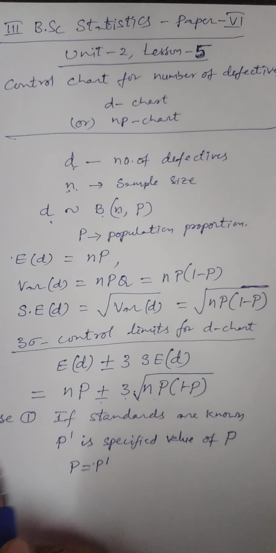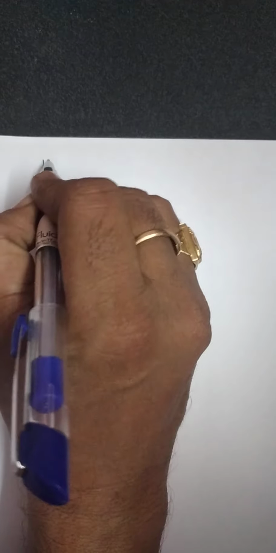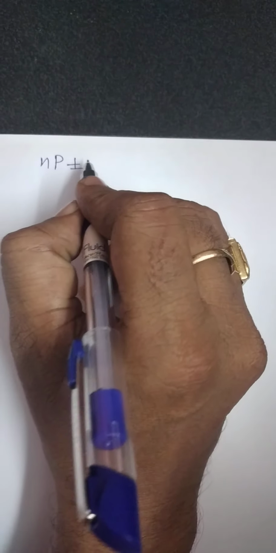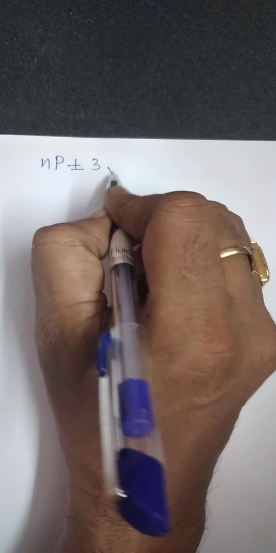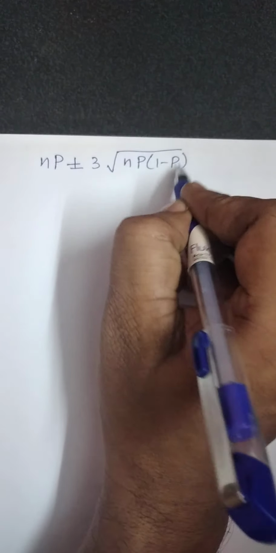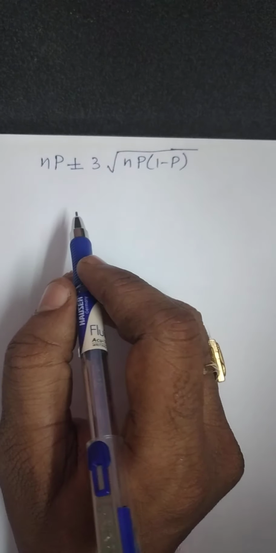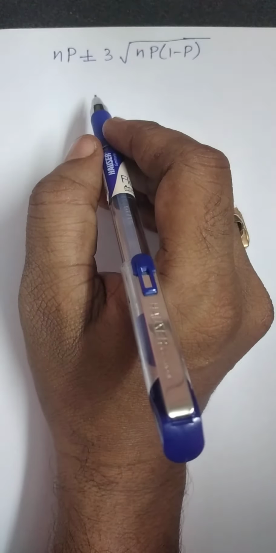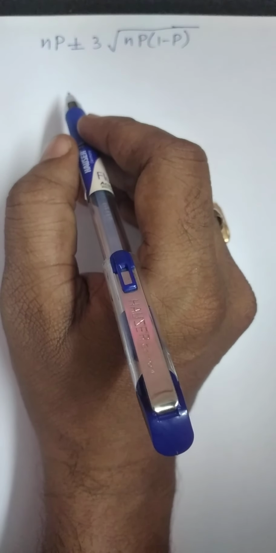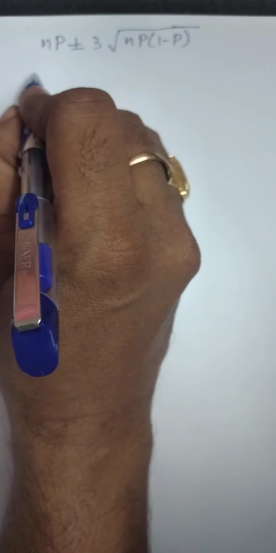And now we have to calculate 3 sigma control limits. What are 3 sigma control limits? NP plus or minus 3 into square root of NP into 1 minus P, which are the 3 sigma control limits for D chart. Now we have to write all the three values. 3 sigma control limits are only UCL and LCL. First I specify UCL and LCL.